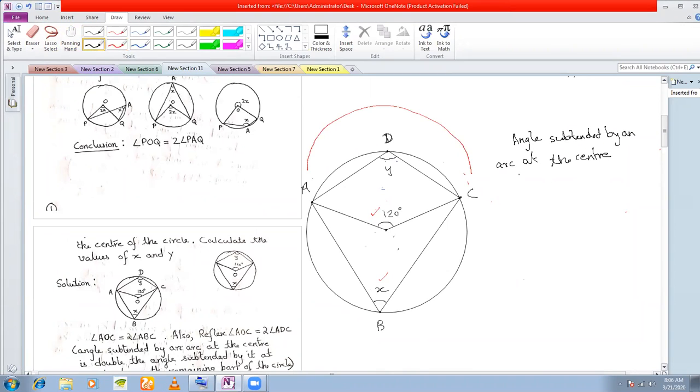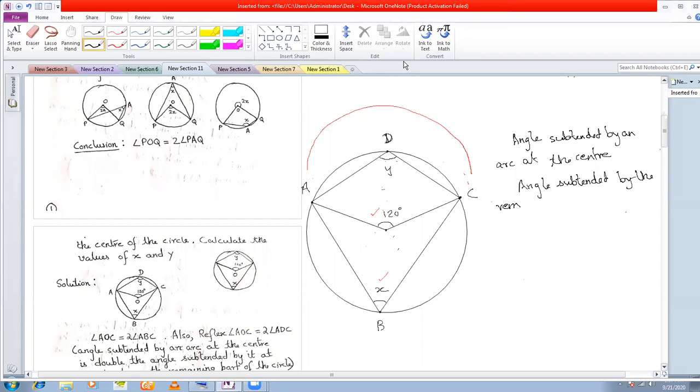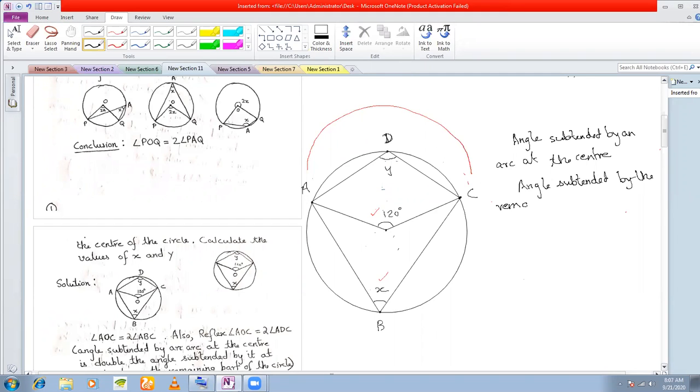The next part is the angle subtended by the remaining arc on the circle. This time on the circle. This was at the center. This is on the circle.